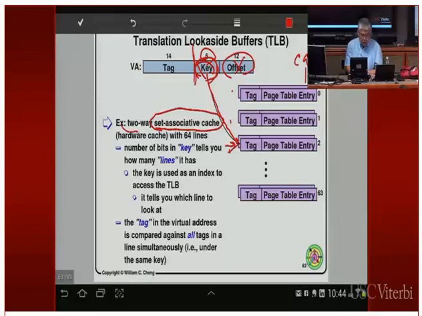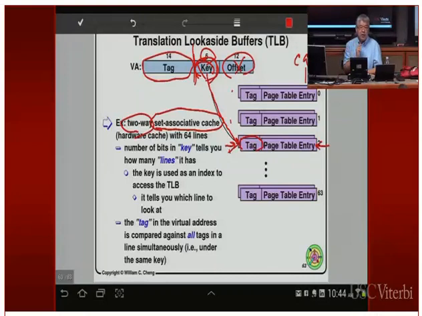This array is going to be of a certain size. If it's a two-way set associative cache, then the array is going to have 2 entries. So you take the virtual page number, in this case the first 14 bits of it, and compare that against what's stored inside the set associative cache. If they're equal, then the corresponding entry is the one that you use.